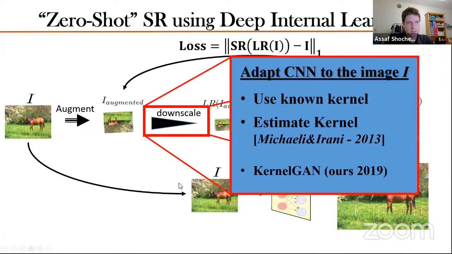And the third option, which I'm going to show you a bit later on, is our own way of estimating the kernel using what we refer to as KernelGAN. This is a NeurIPS 2019 work that we had. So we have our own methods to estimate the kernel, which are not a part of this super resolution approach.